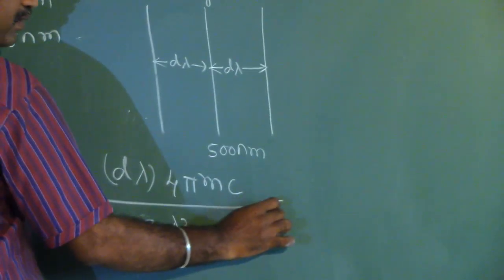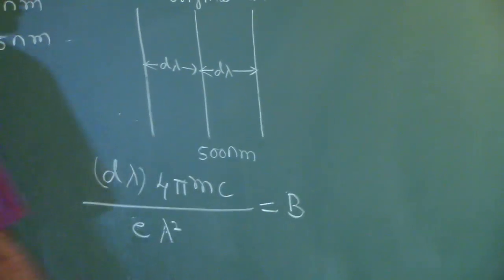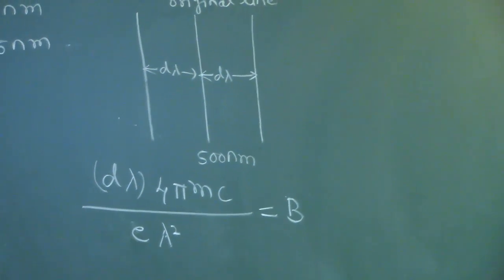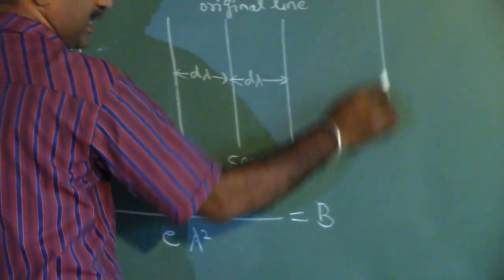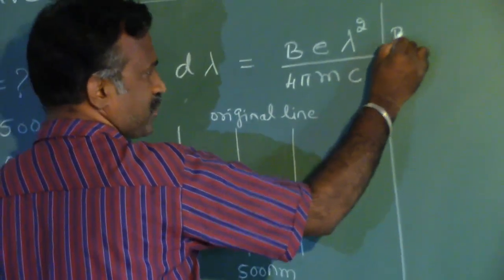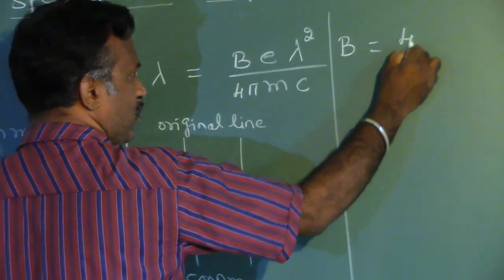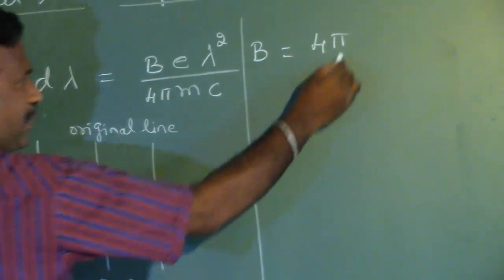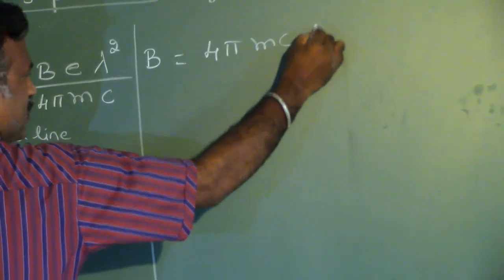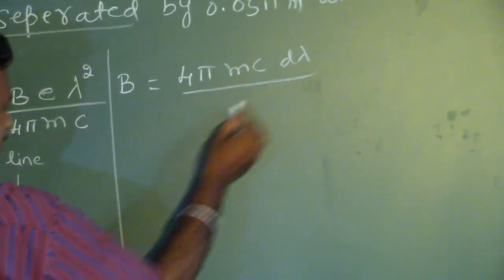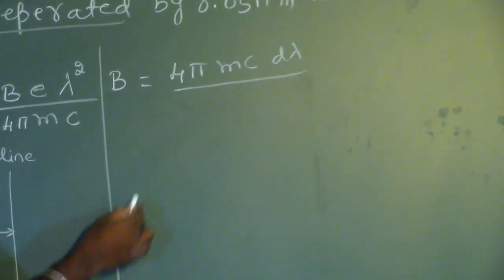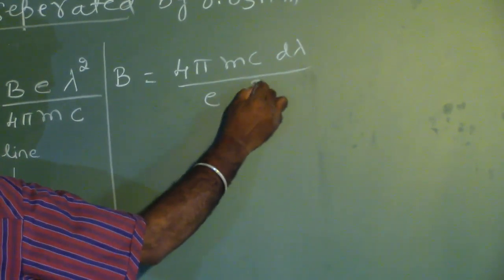So keeping B on one side, I will rewrite B as B is equal to 4 pi m C into d lambda, the whole divided by E into lambda square.